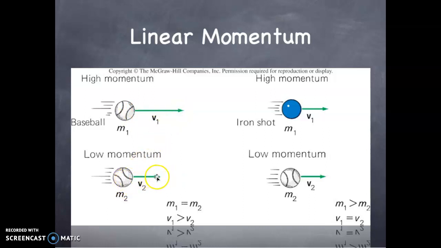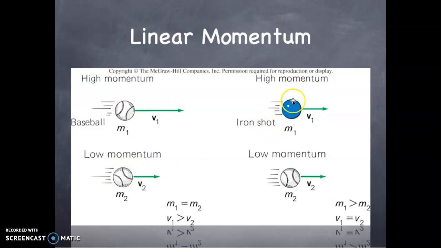In the bottom case, it has a lower velocity going in the same direction. So in the top case, the ball has a higher momentum than in the lower case.